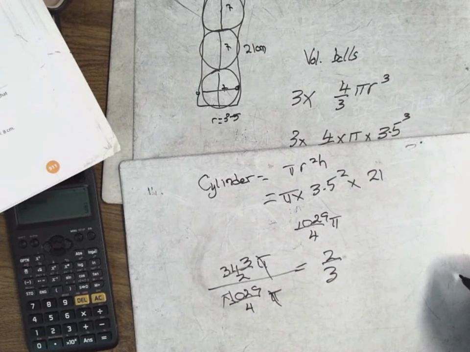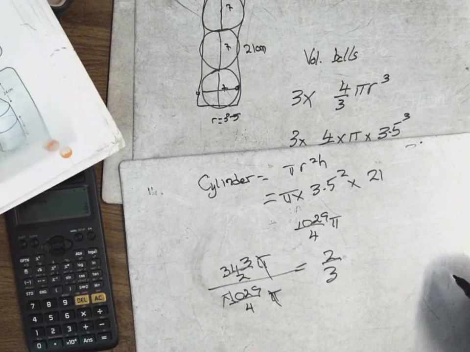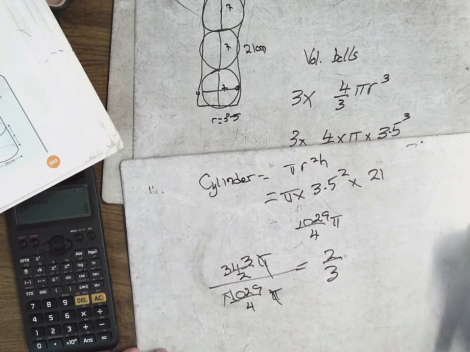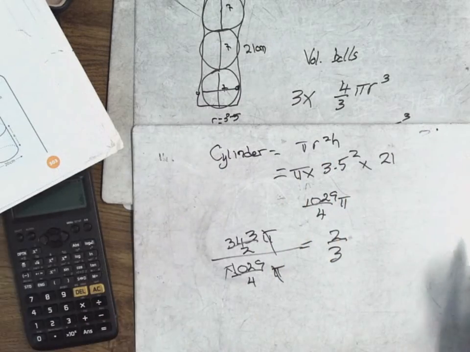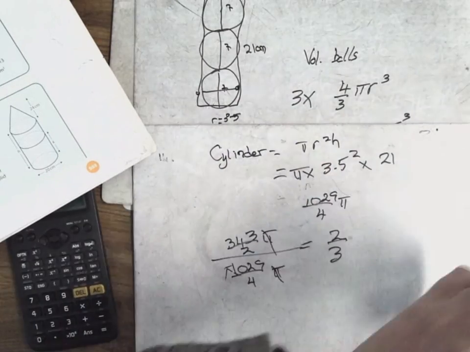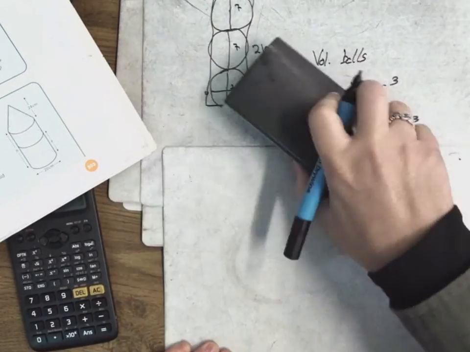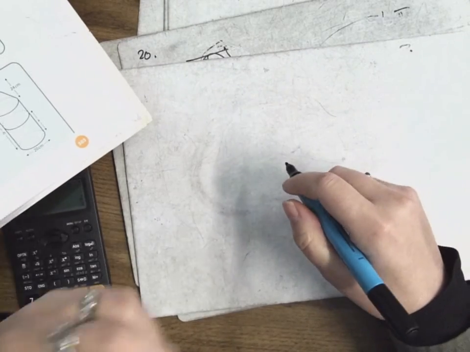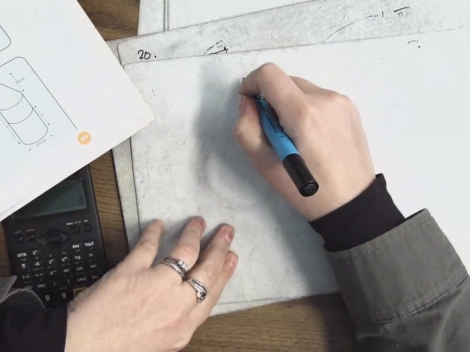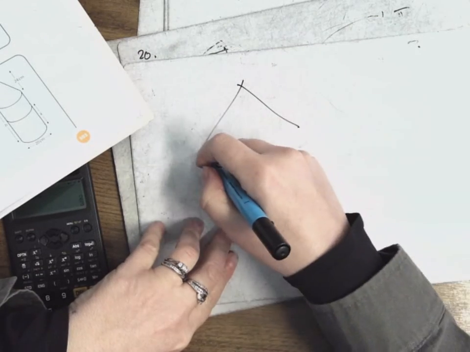Right, we have one more shape to do, and it's a cone. We're going to do a straightforward cone. Don't write down any notes, just listen to me and I'll put the notes up tomorrow, okay? So you all know what a cone is, cornetto, upside down.